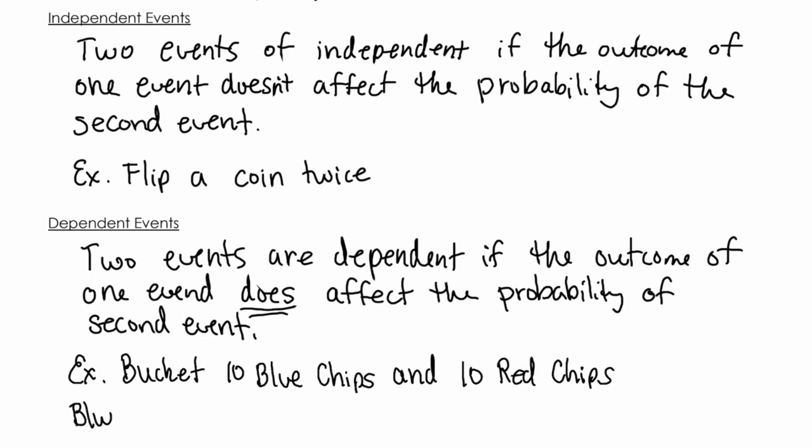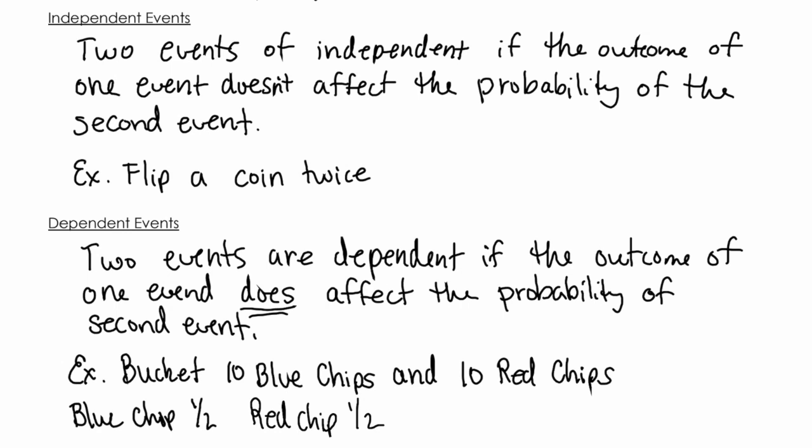Now, the chances of pulling out a blue chip would be a half, because I have 10 blue chips and 10 red chips, so I would have 10 out of 20 chance of pulling out a blue chip if I randomly just pick out a chip from the bucket. And the same thing goes with red chips. If I pull out a red chip, the probability of that happening would be 1/2.